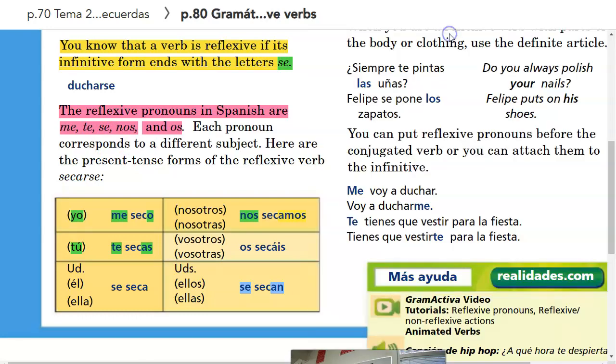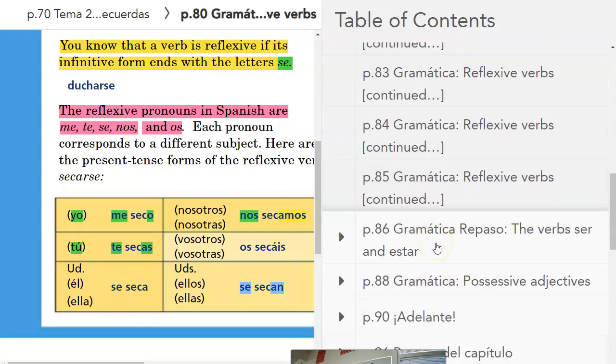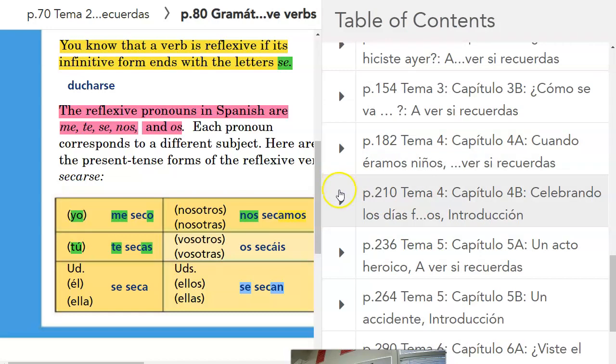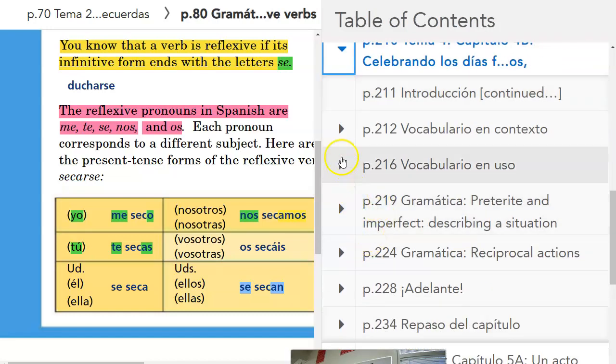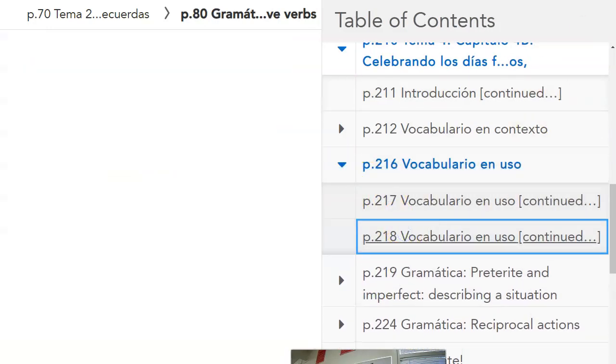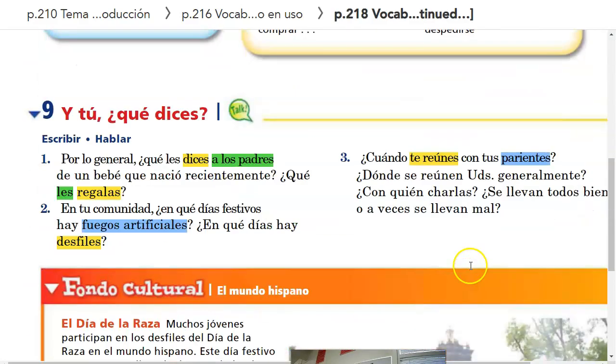We're going to go back to page 218 and apply that knowledge here. So you can begin by saying yo me reúno, right? O ending if you're speaking in the yo form. Or nosotros, ¿cierto?